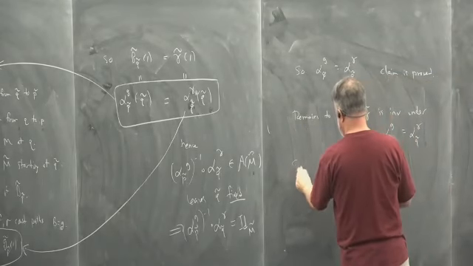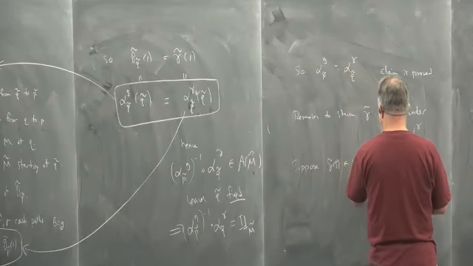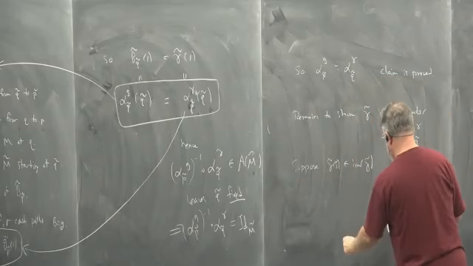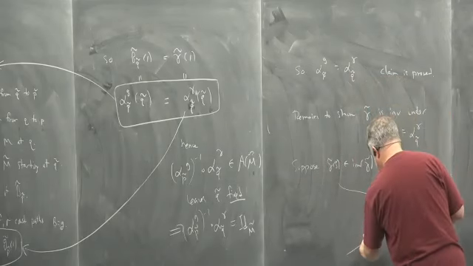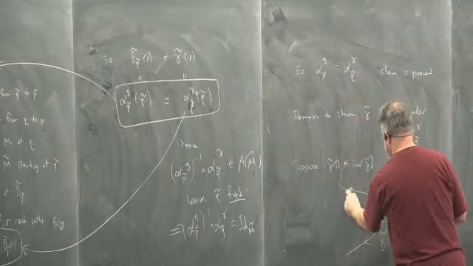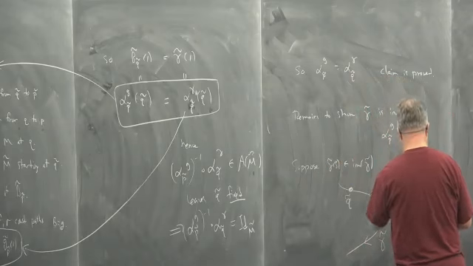So suppose gamma tilde of S is a point on the image of gamma tilde. Let me draw the picture. So this is Q tilde. Maybe gamma tilde of S is here.